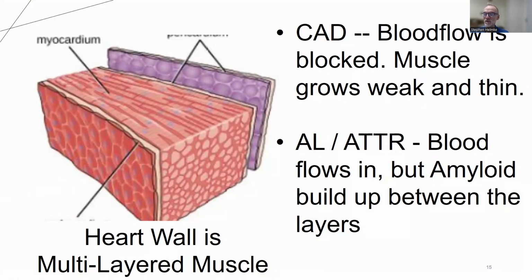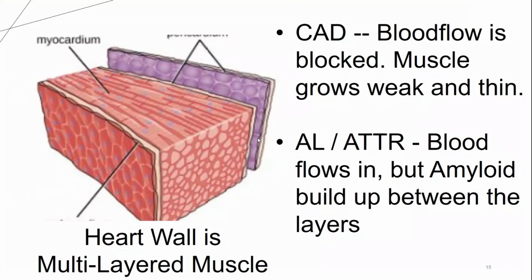Now, let's get a little bit into the nitty-gritty, and I want to see how you guys recall ever seeing an image of the heart muscle. In essence, this is the heart wall, a drawing of the heart wall. Now, you've all heard of heart failure, and most of the time we think of heart failure, and everyone out in the world thinks of heart failure, in terms of coronary artery disease.